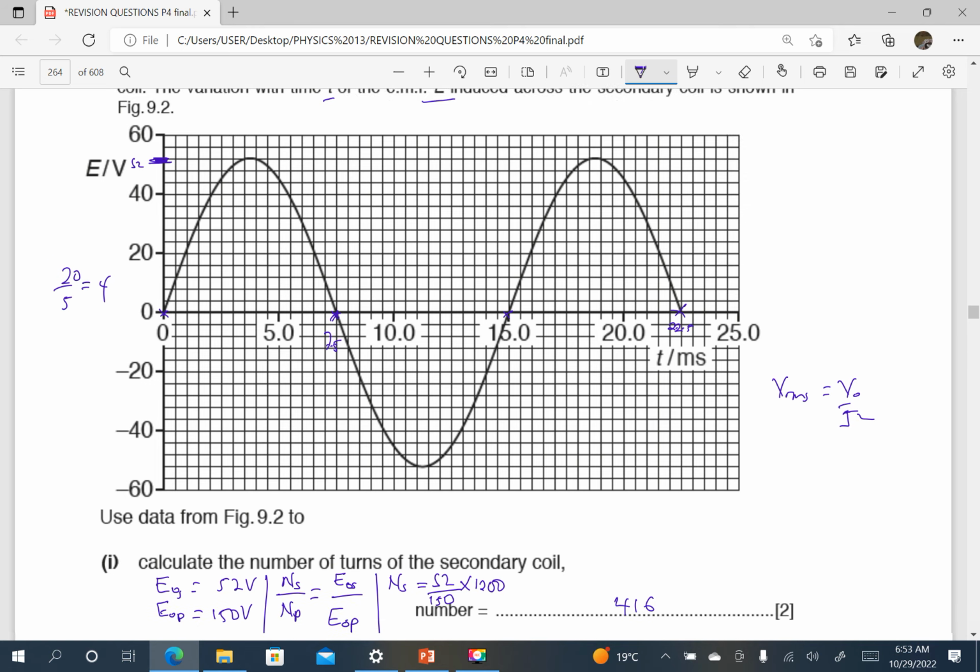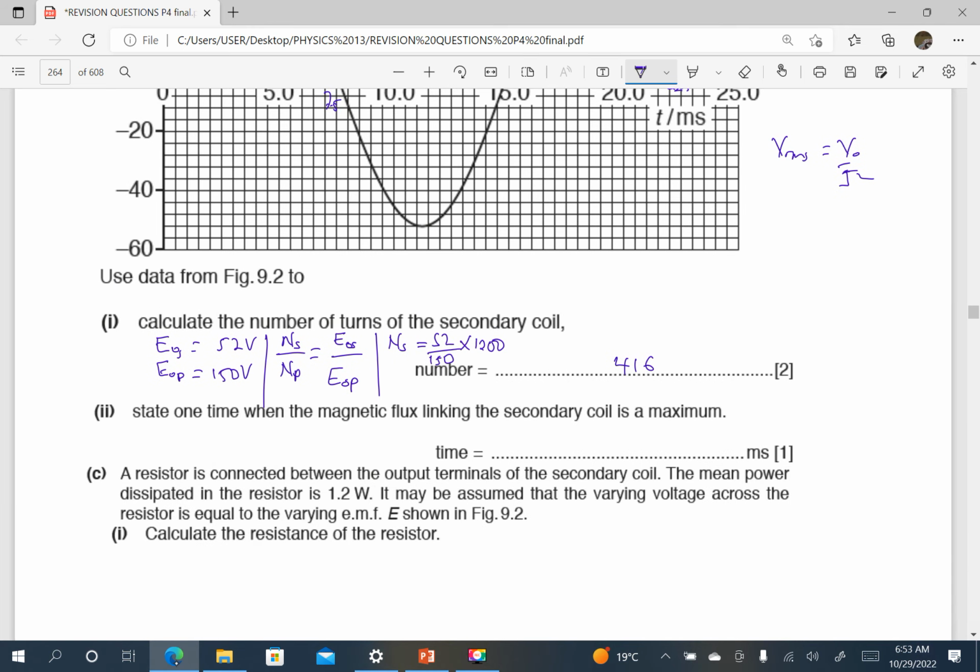So E must be zero when flux linkage is maximum, according to Faraday's law and Lenz's law. The EMF is zero when the flux linkage is maximum because the rate of change will be zero. So you had to choose values from, for example, t equals 0 milliseconds, t equals 7.5 as we have seen from the graph, or t equals 15.0, or t equals 22.5.